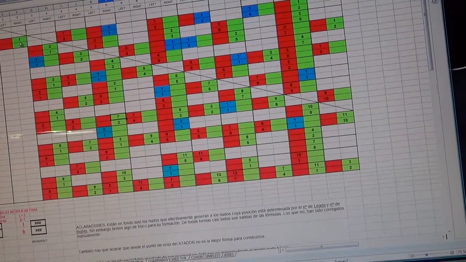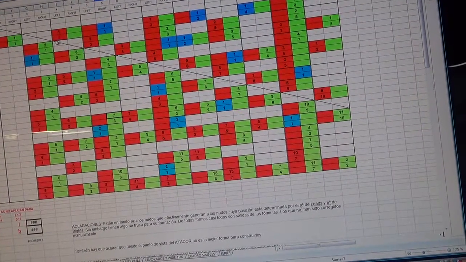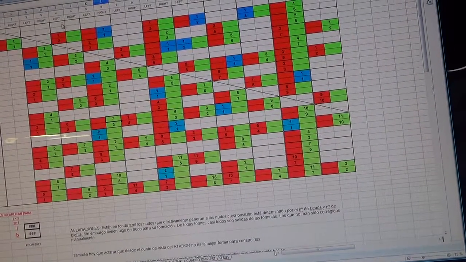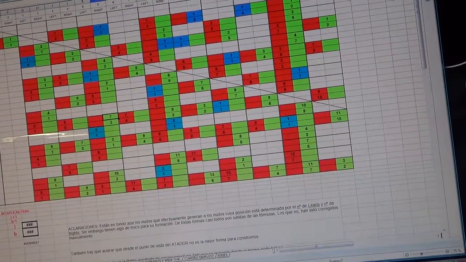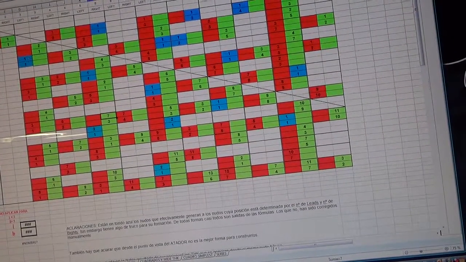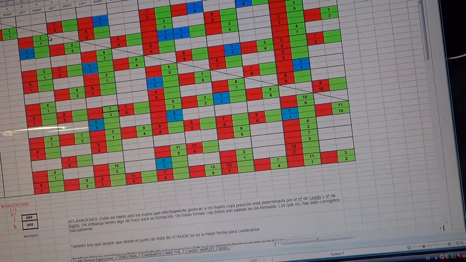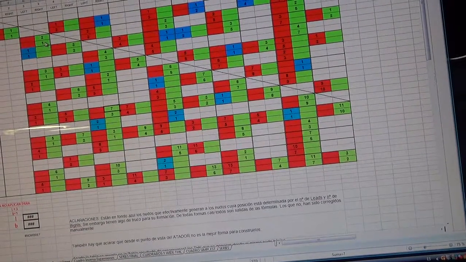The square knots are the ones just beside the diagonal. For instance, a 3 lead 4 bight or a 4 bight 3 lead is what we call square knots.